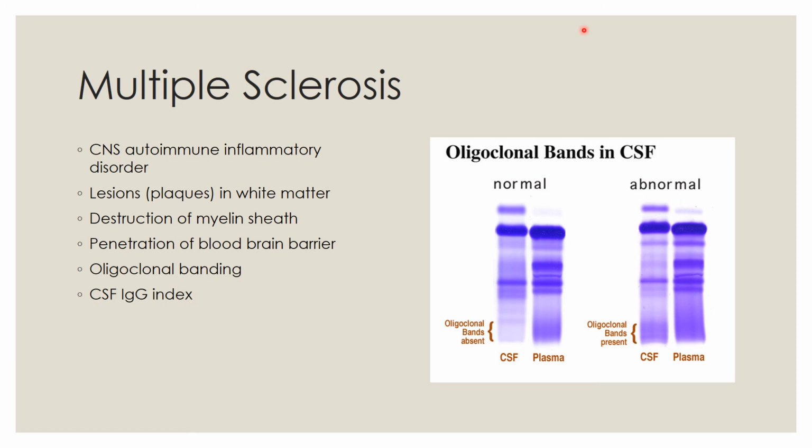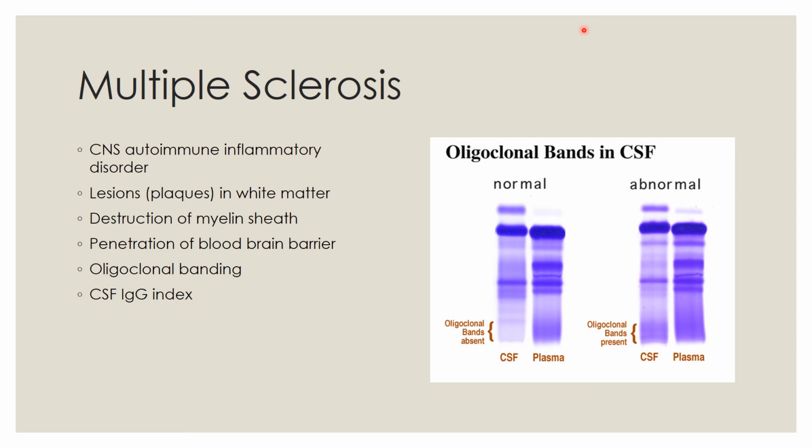Now, the comparison for the immunoglobulin indexes, normally your serum levels for the normal adult are somewhere between 750 and 1600 milligrams per deciliter. That's fairly normal. But your CSF Ig levels are usually pretty low. They're usually between 0, which is not uncommon, to about 8 milligrams per deciliter.